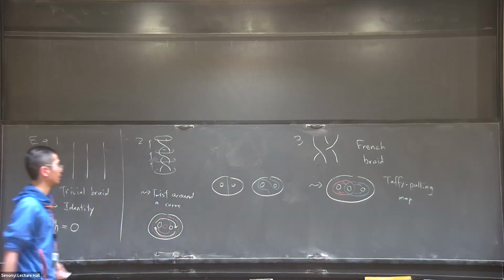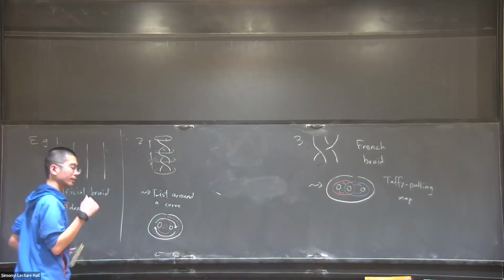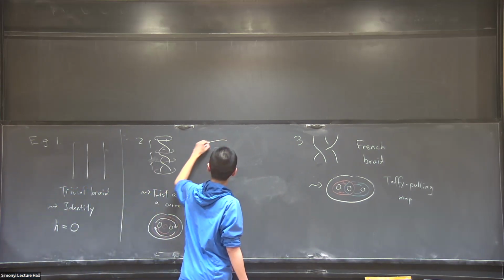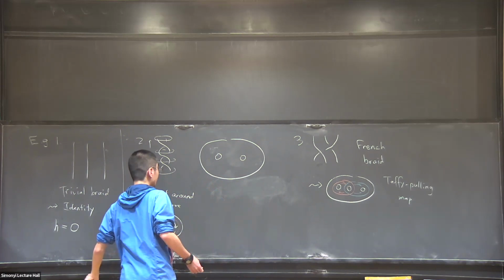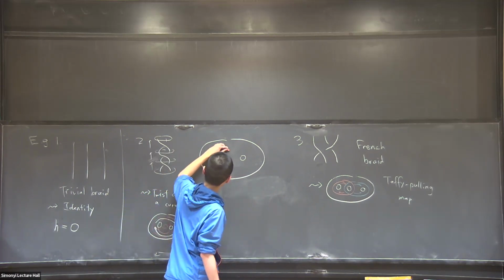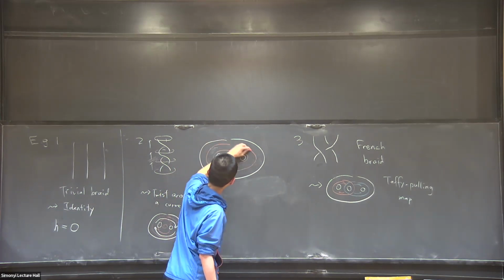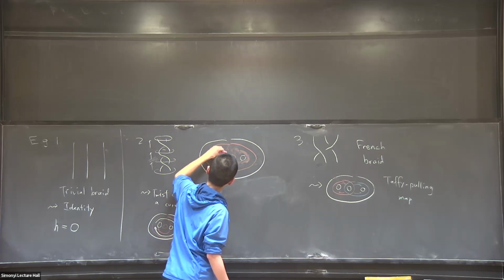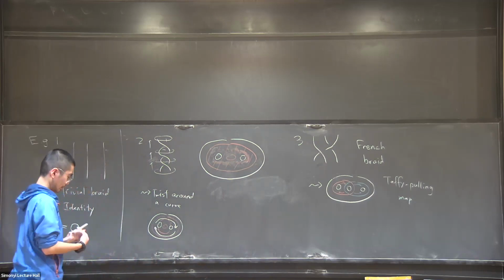Okay, now what about the twist map? I claim that the entropy is also going to be 0 in this case. One way of convincing yourself that that's true is seeing that I could take this representative homeomorphism to be supported inside this annulus. But there's some twist inside this region.